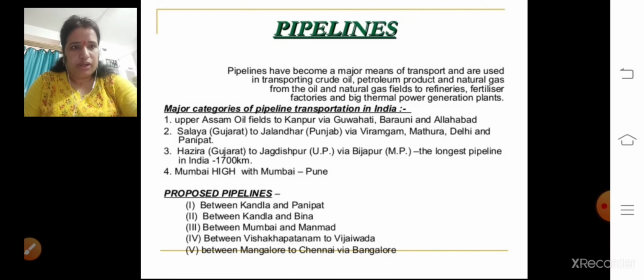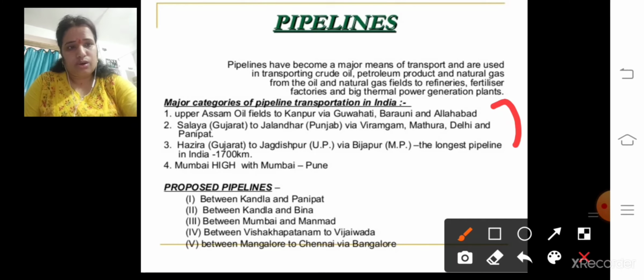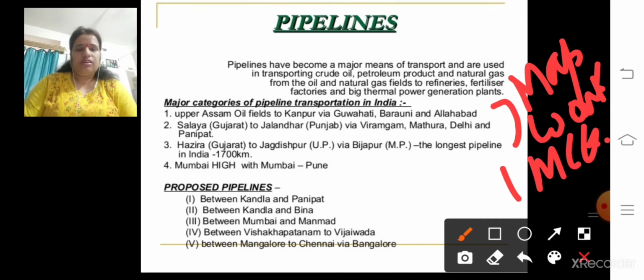Class, this is an important topic from your chapter, pipelines: major categories of pipeline transport in India. They ask it as a 1 mark question in your exam, and this is also important for map work and for MCQs.